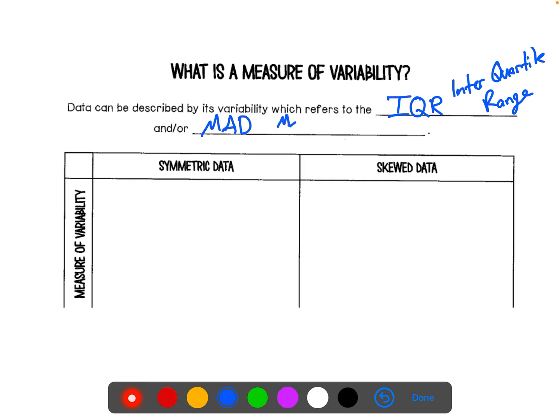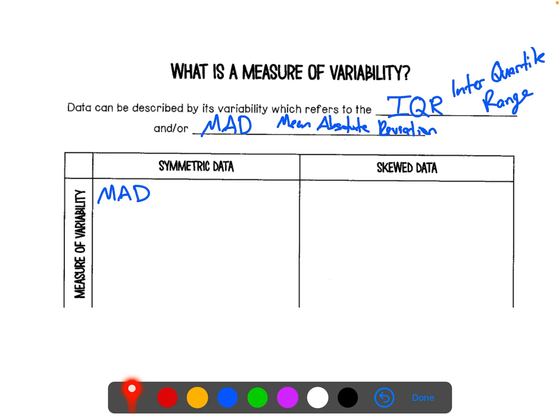That's again mean absolute deviation. All right, now the mean absolute deviation works best with symmetric data. Symmetric being symmetrical. It's all kind of grouped together nicely. There are no big outliers.